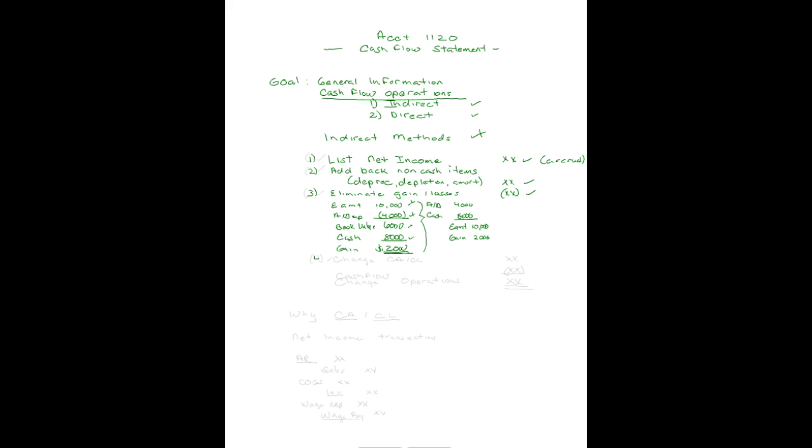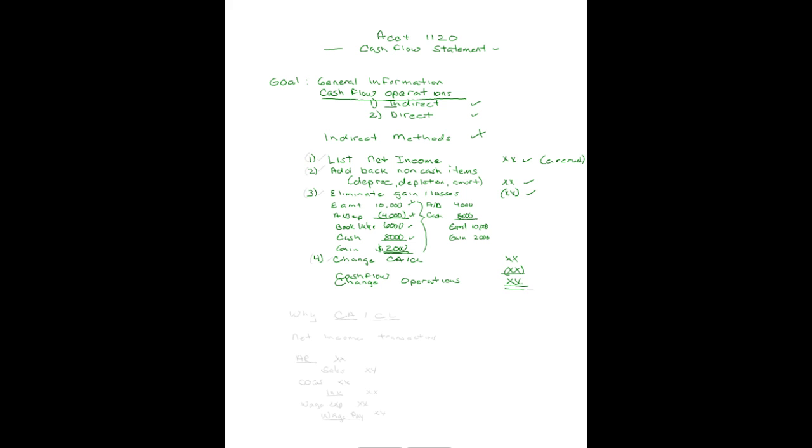And then the last thing we do is pick up the change in any current asset and current liability accounts. So we'll adjust it for that, whatever that might be, and that will give us the cash inflow from operations under the indirect method.